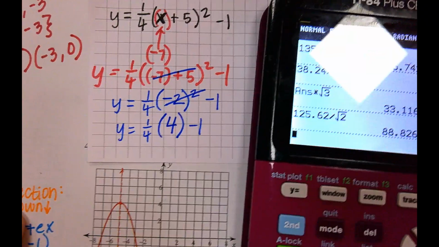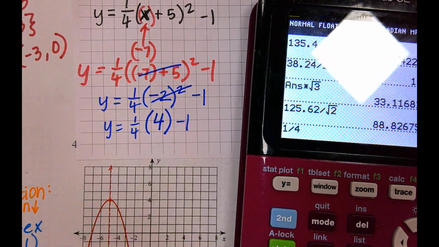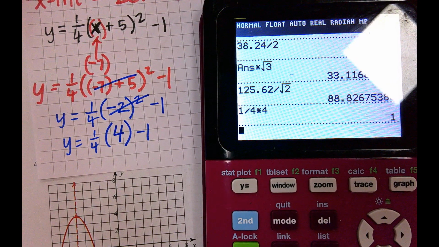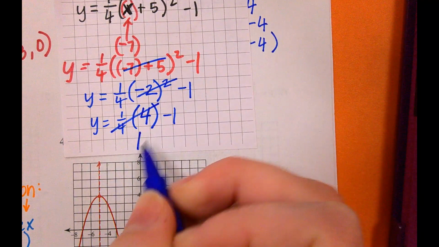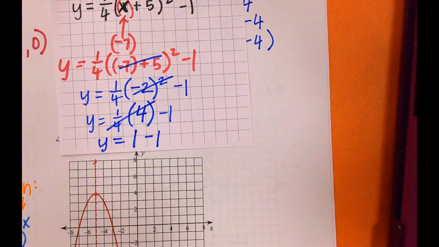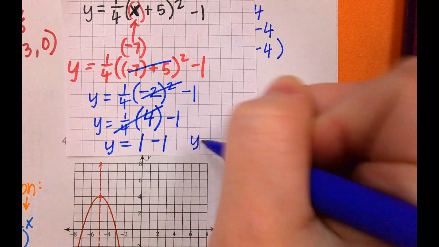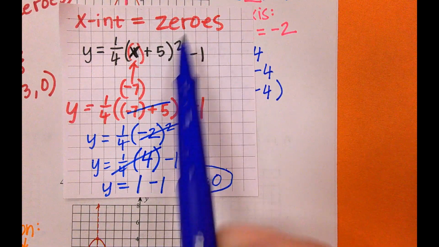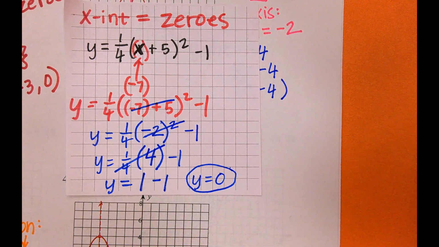So if I type this in, 1 divided by 4 times 4, I get 1. So I'm going to cross that out, and now I have 1. I'll bring down -1. I'll bring down y equals. And what's 1 minus 1? Y equals 0. So that's why our x-intercepts are called zeros, because when we plug them in, our y equals 0, which is kind of cool.